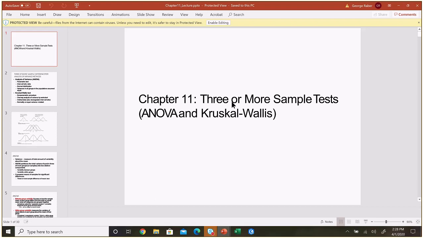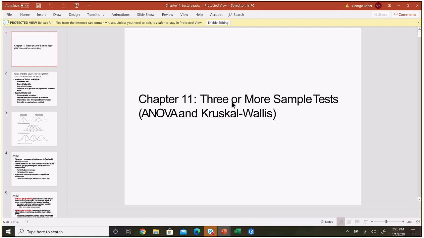Okay, so Chapter 11 is the 3 or more sample tests. In other words, instead of just looking at group A and group B and comparing, are these two groups from the same sample, are they significantly different?